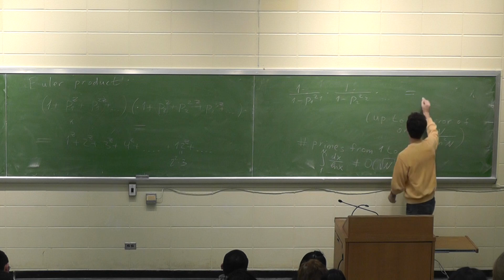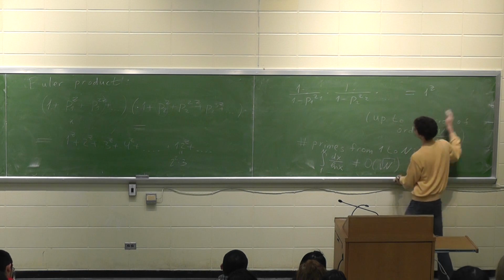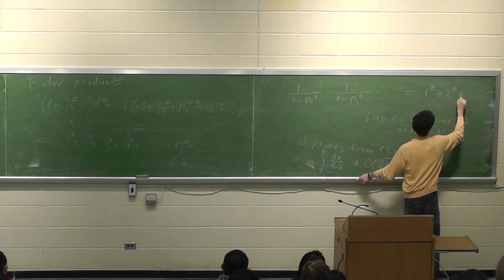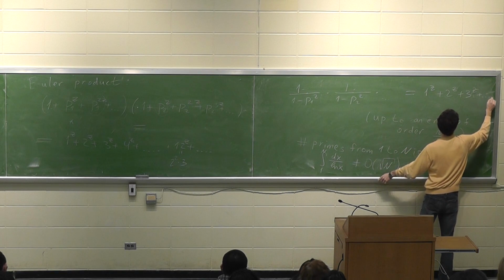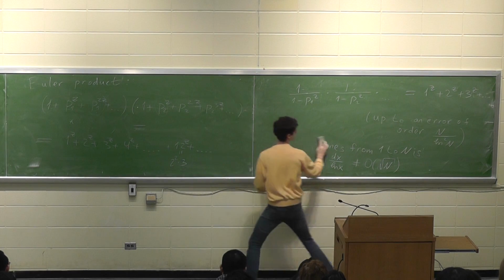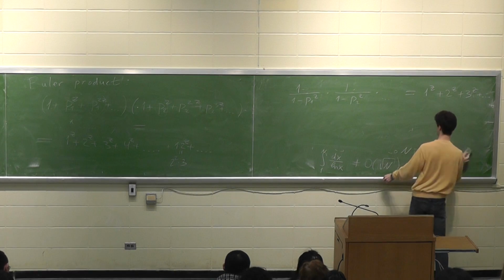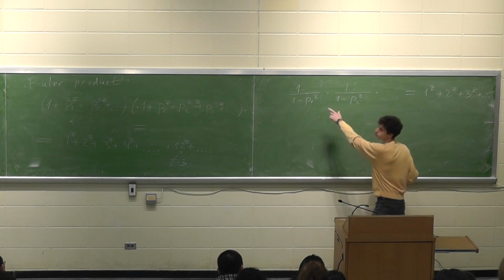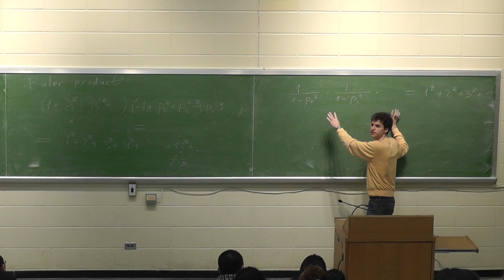And on the other hand, this is equal to 1 to the power z, 2 to the power z, 3 to the power z, and so on. So here's an equality, a precise equality.